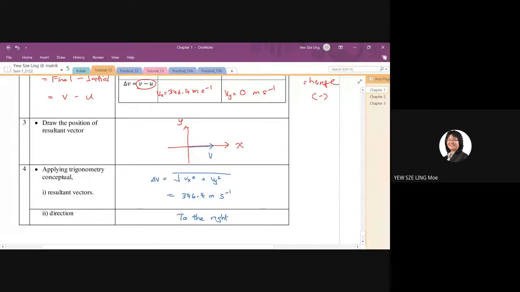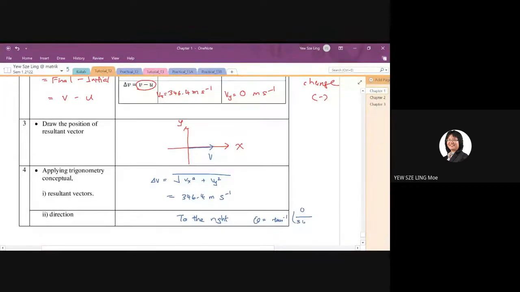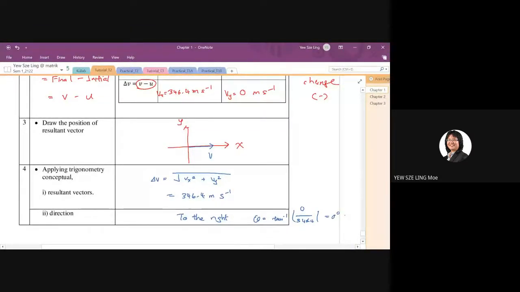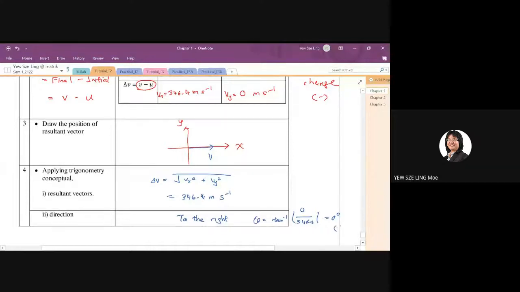Now, if you want to calculate the angle, is it okay? Of course you may. So theta equals tangent inverse of modulus 0 over 346.4. Then you're going to get 0 degree, then you have to describe it as well as to the right.